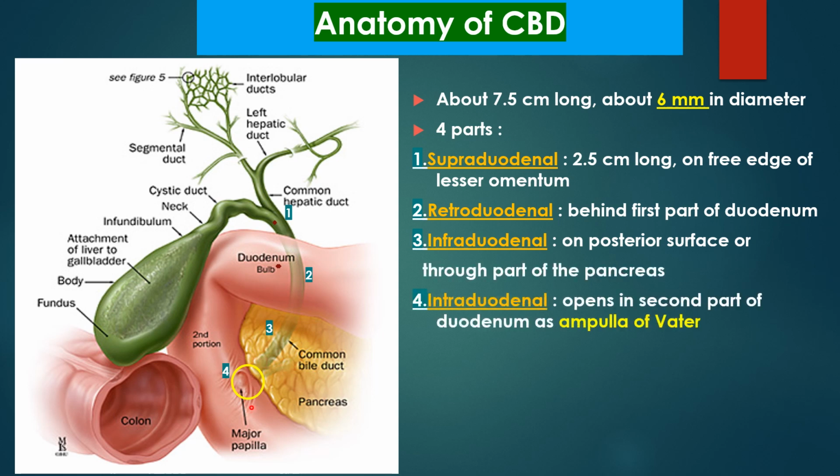And the fourth one is the intraduodenal part, the part that enters through the wall of the second part of the duodenum. It opens into the second part of the duodenum as the ampulla of Vater and ends on the summit known as the papilla, which is identified on endoscopy.